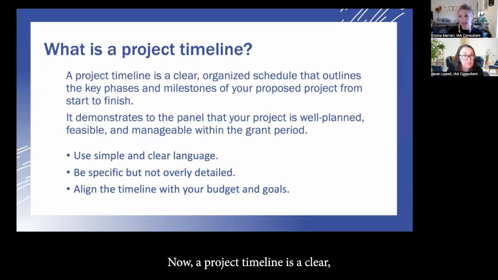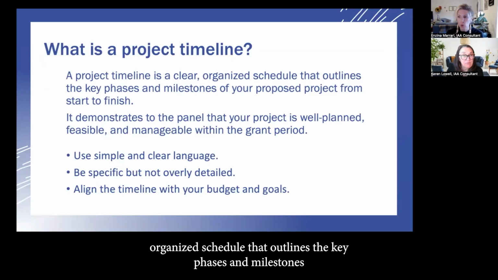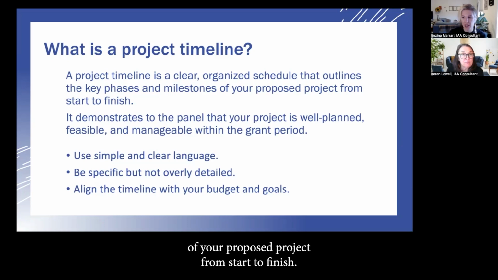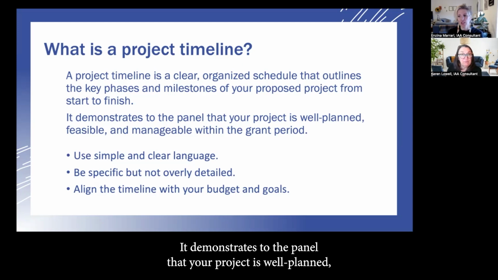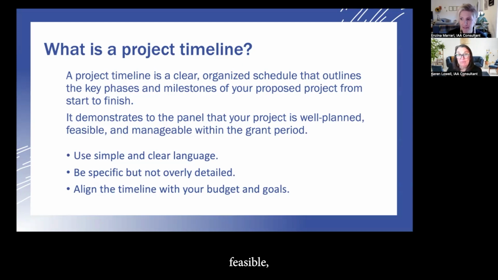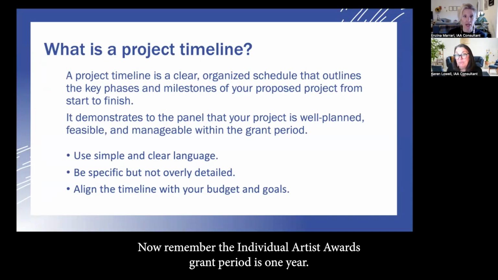Now, a project timeline is a clear, organized schedule that outlines the key phases and milestones of your proposed project from start to finish. It demonstrates to the panel that your project is well planned, feasible, and manageable within that grant period. Now, remember, the Individual Artist Awards grant period is 1 year.